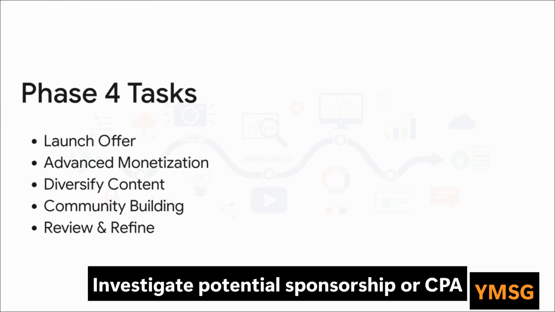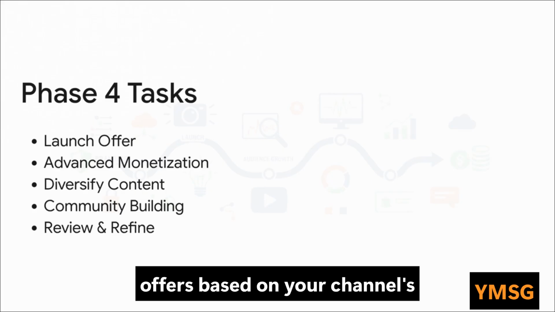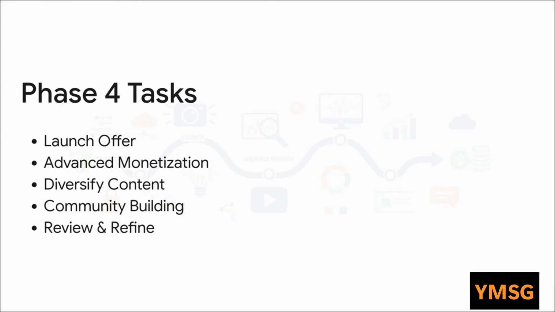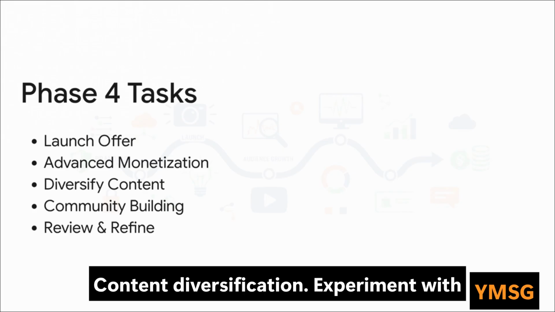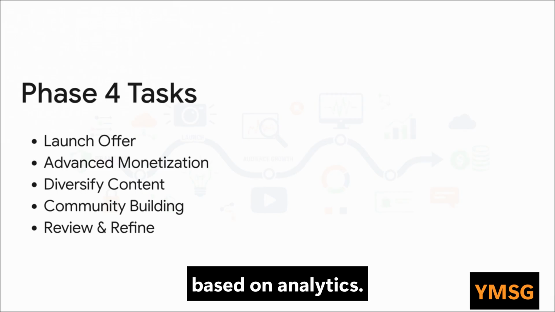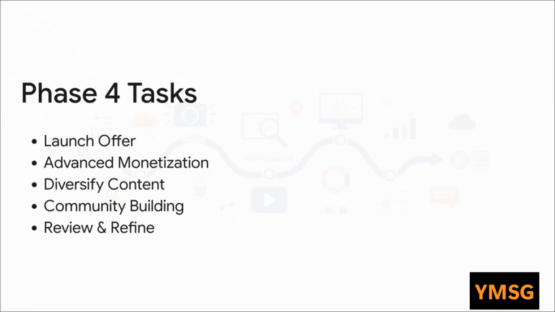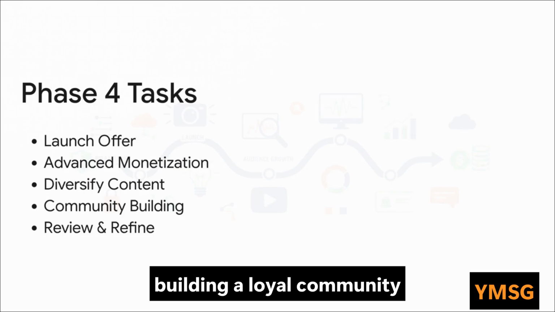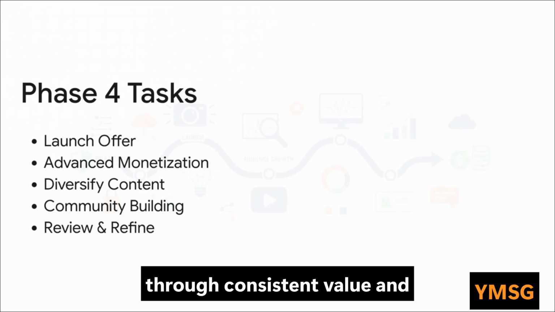Investigate potential sponsorship or CPA offers based on your channel's growth and audience. Content diversification. Experiment with different video formats or subtopics within your niche based on analytics. Community building. Focus on building a loyal community through consistent value and interaction.